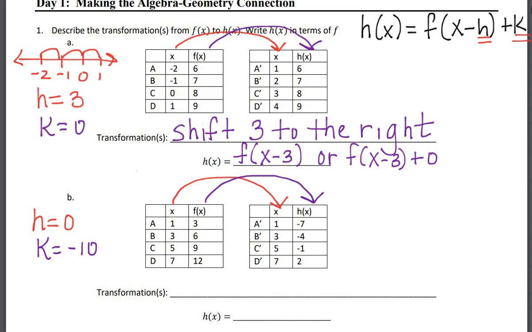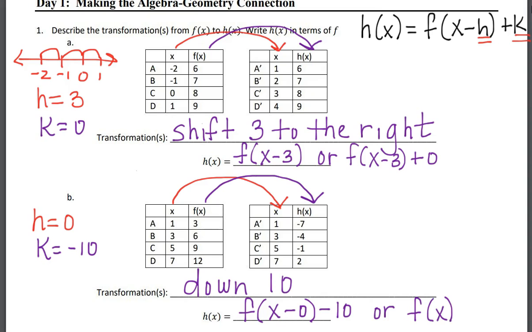So when we substitute, we're going to substitute h, and we're going to substitute in k. So our only transformation is that it's going to move down 10 units. And our function rule will be f of x, you can put the 0, you don't have to, minus 10, or you could just say f of x minus 10.